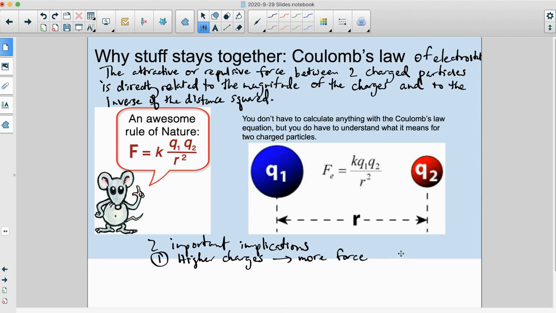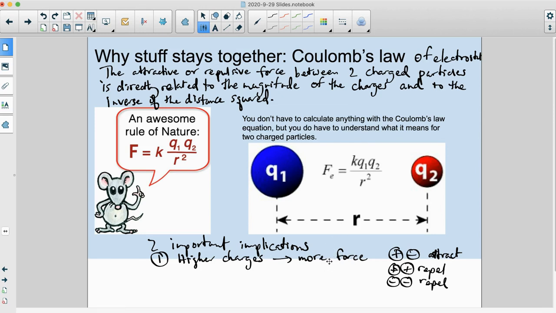Okay, now remember that positive and negative attract, and the same charges repel. So negative and negative repel. But Coulomb's law says that the higher the charges, we have more force, more attractive force in the case of positive and negative, more repulsive force if we have higher charges with similar charges, but more force.